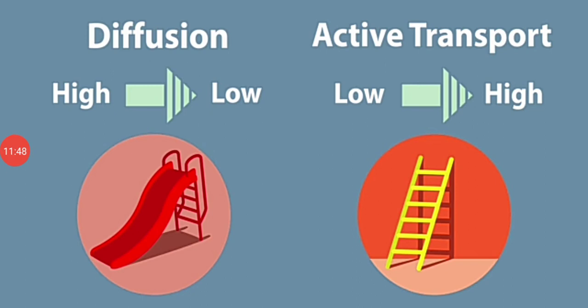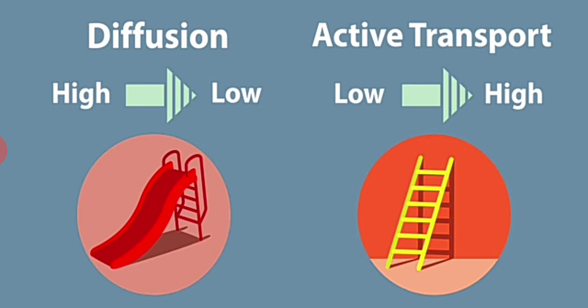The major difference is seen with this figure, diffusion and active transport. In diffusion, the movement of substance goes from higher concentration to lower concentration. It is like someone sliding from the top down to the ground; you can slide easily.